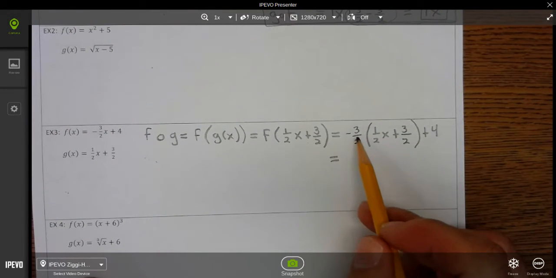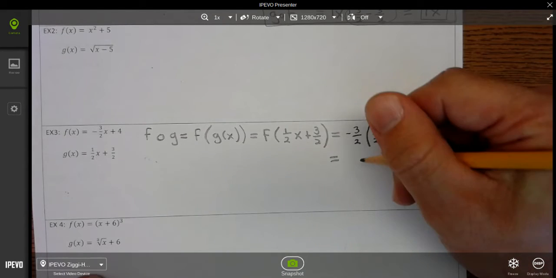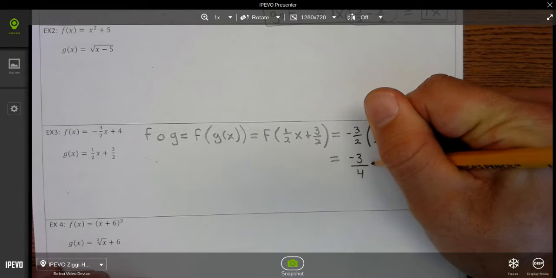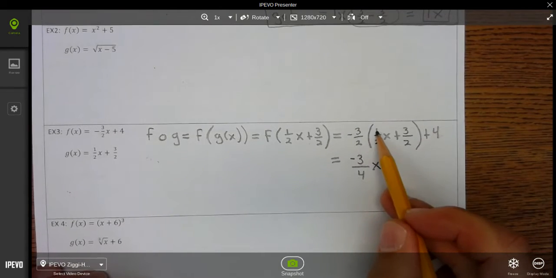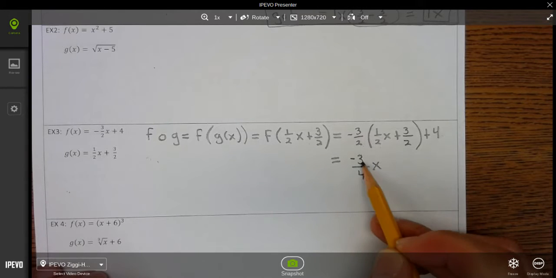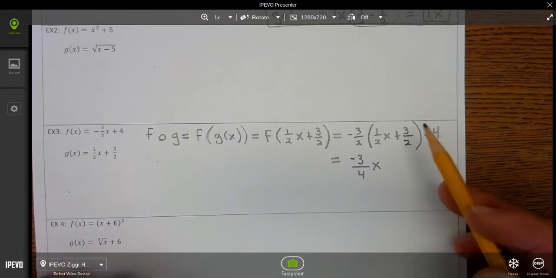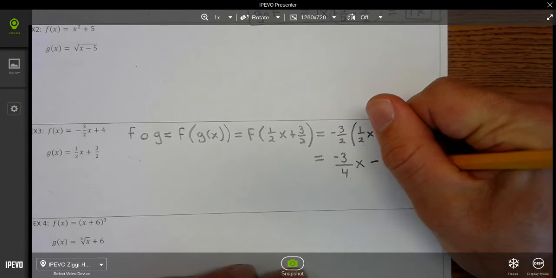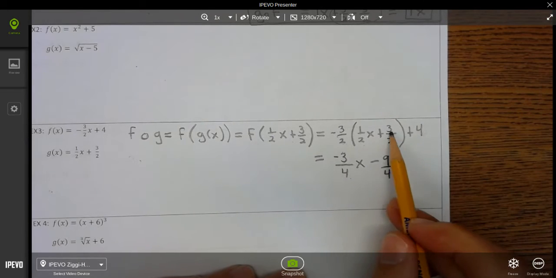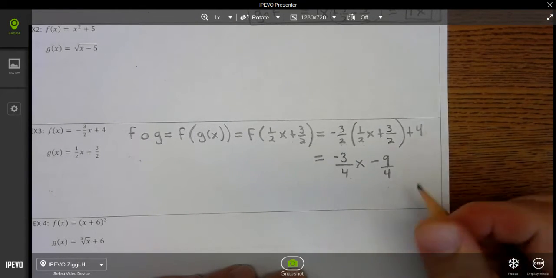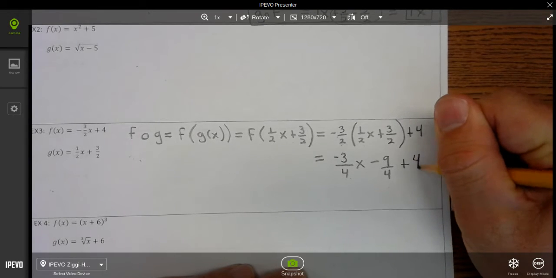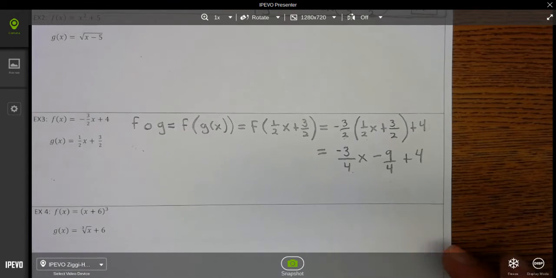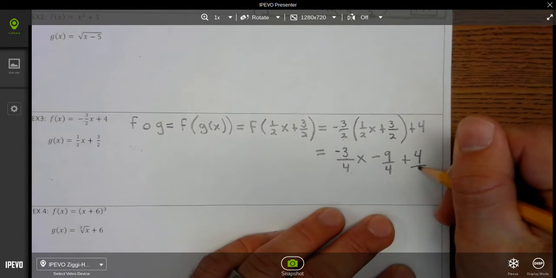So now we distribute. Negative 3 divided by 2 times 1/2 x is negative 3 divided by 4x, because remember, when you multiply fractions, you multiply the numerators and you multiply the denominators. So negative 3 times 1 is negative 3, and 2 times 2 is 4. Then we multiply here. Negative 3 over 2 times 3 over 2 is minus 9 divided by 4, because negative 3 times 3 is negative 9 and 2 times 2 is 4. Plus 4. All right, so then we can combine terms here.